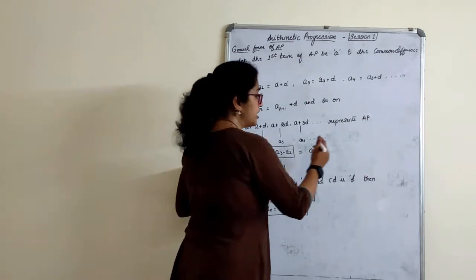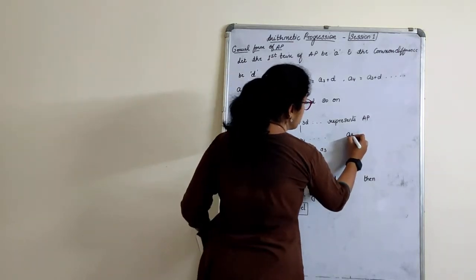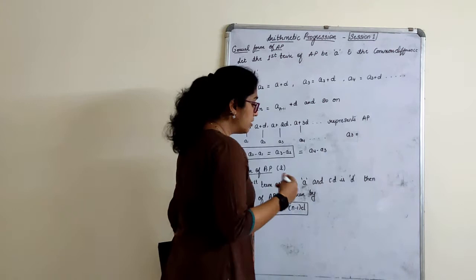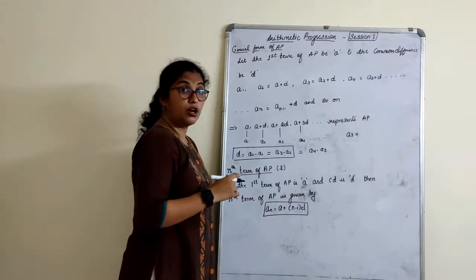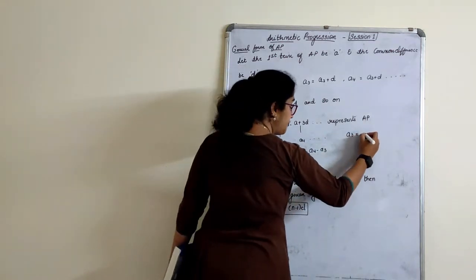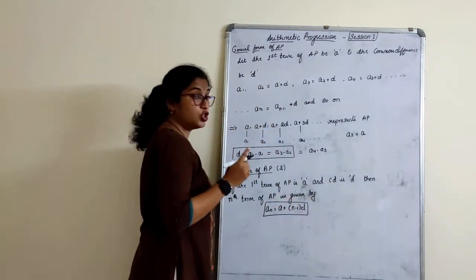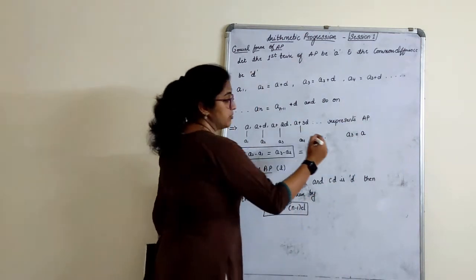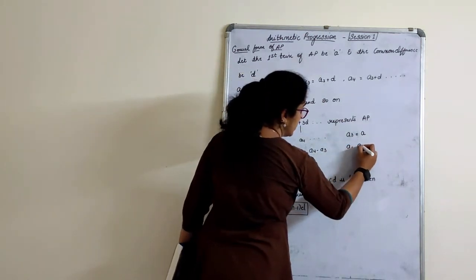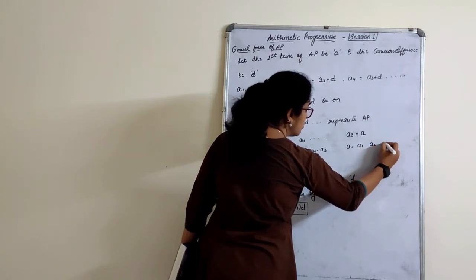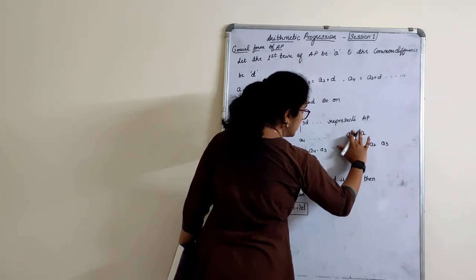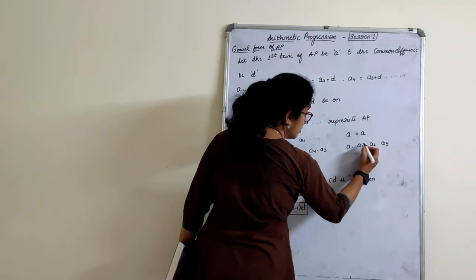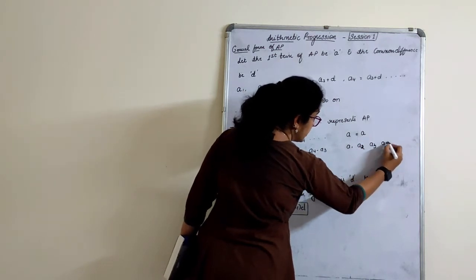Okay, now let me just tell you what the third term is. Now, when we write the third term, what do we actually do? Now see here, this is a1, a2, a3. Oh sorry, this is a2, a3 and a4.